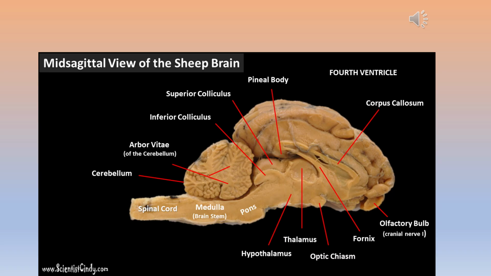So there is the superior colliculus. That will become important a little bit later on when we talk about the sense of vision. The superior colliculi are in the visual pathway. The inferior colliculi are in the auditory pathway.